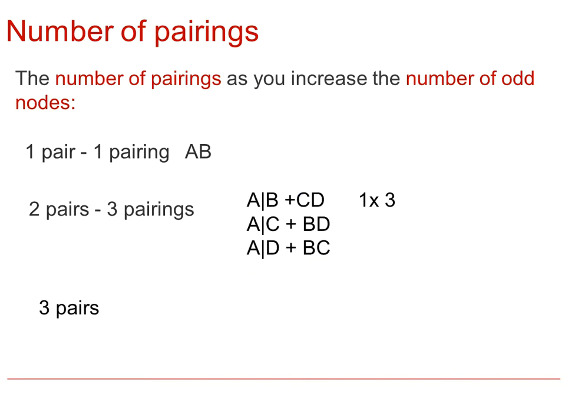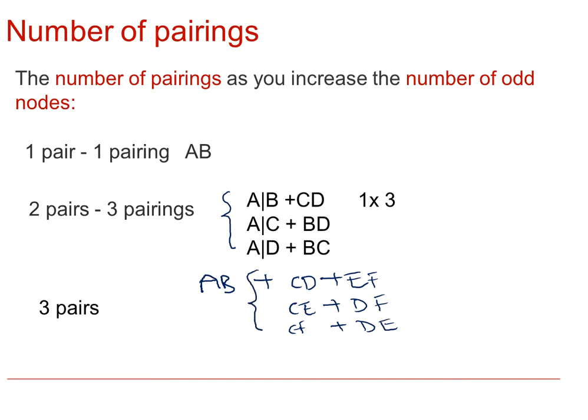If you have 3 pairs or 6 odd nodes, and let's use the letters A through to F for this, again let's start by considering A paired with B, and then you have 3 options similar to the ones here, in terms of you can have CD plus EF, or you could have CE plus DF, or CF plus DE, each of those with the AB.